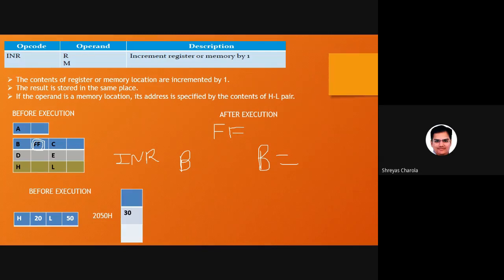What is the next number after F? Anyone? In hexadecimal, the digits are 0, 1, 2, 3, 4, 5, 6, 7, 8, 9, A, B, C, D, E, F. After F, which is the next number?